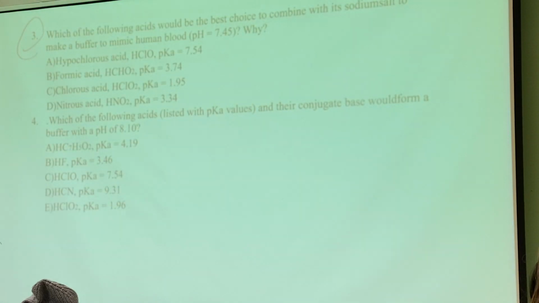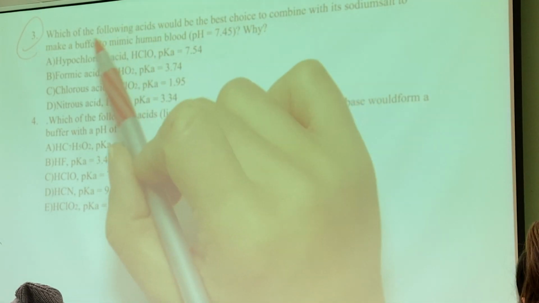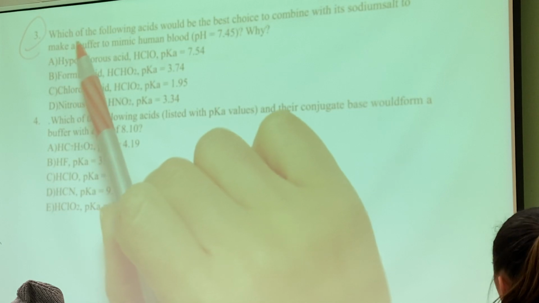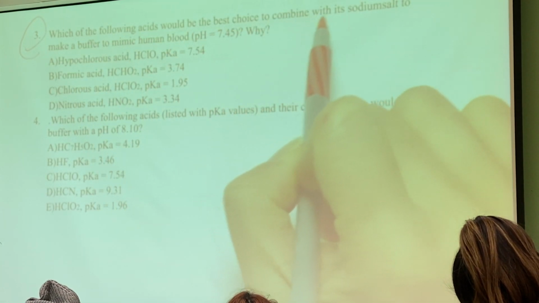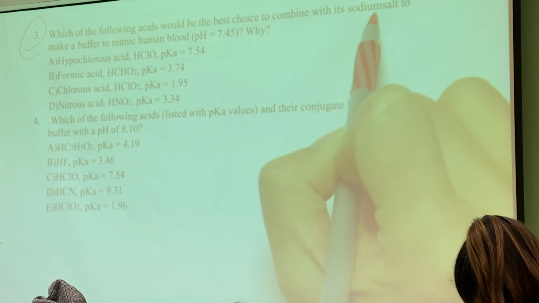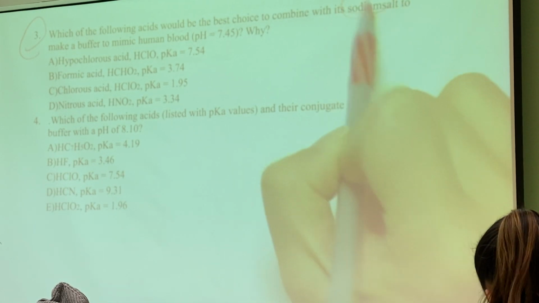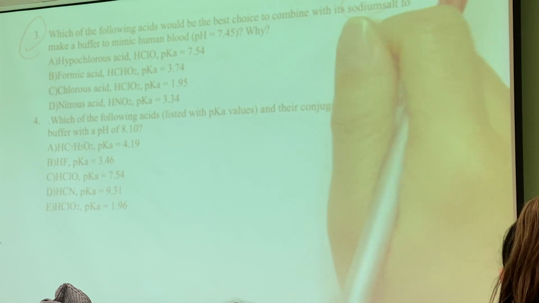That is very useful in the lab, right? Determining which chemical you should pick to make a special buffer. So which of these following acids would be the best choice to combine with its sodium salt? Basically means conjugate base, right?